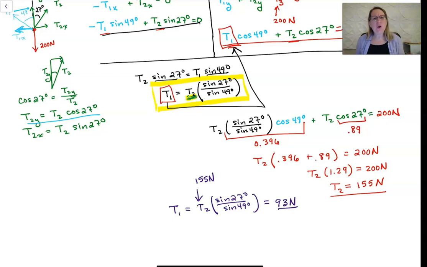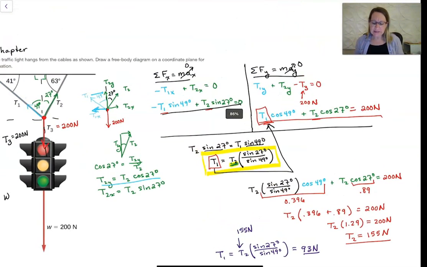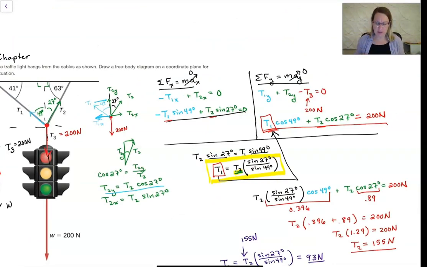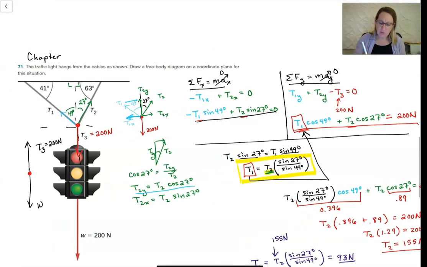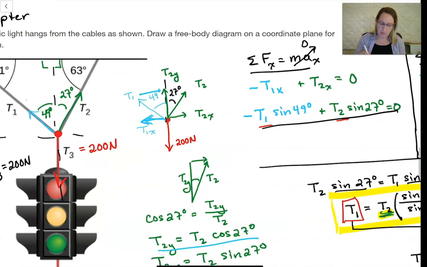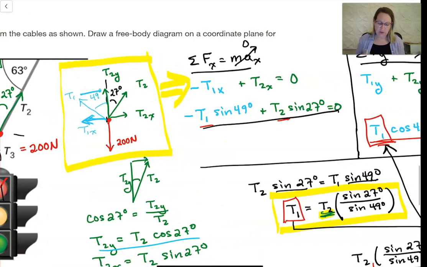What their numbers are is really not that important. What's important is that you can see what the force diagrams give you. And when we use this force diagram right here, this is really the key force diagram that was driving all of these equations, right? The x equation was T1x and T2x.